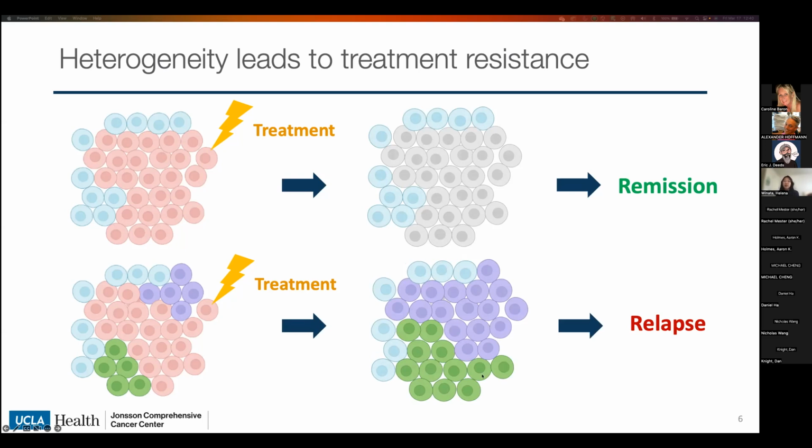In addition to relapse, heterogeneity is also associated with metastases, because the more distinct populations you have, the more likely it is that one population has the ability to survive in a different site in the body. The exact mechanism and pattern of this heterogeneity and how it relates to disease lethality is a highly researched field.